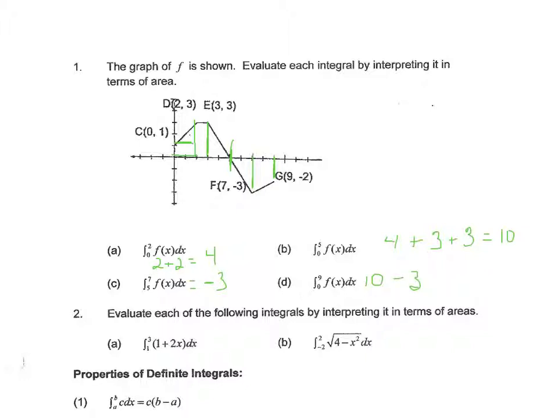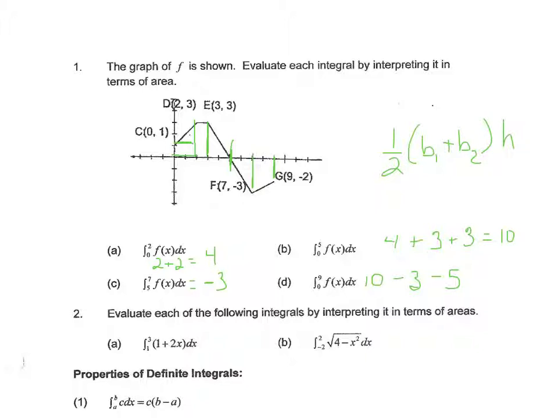What is it from 7 to 9? Negative 5? Yes. We could do another triangle, or you could do the trapezoid, which is half the sum of the bases times the height.